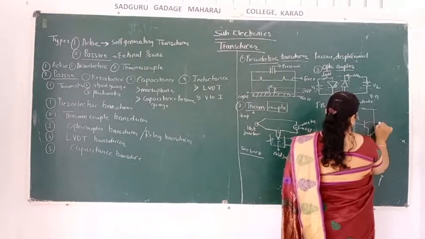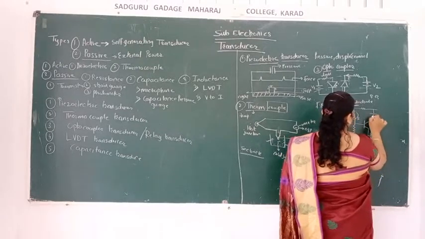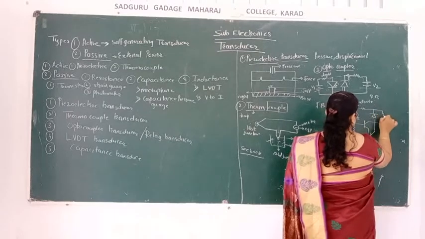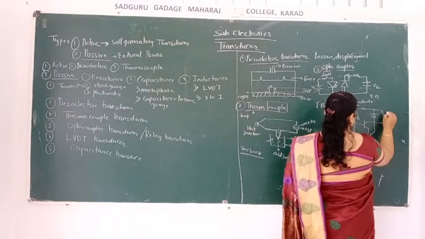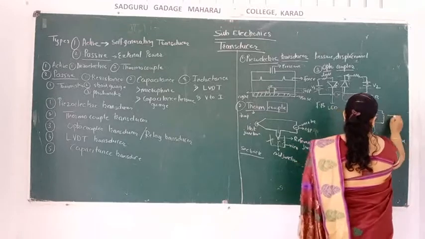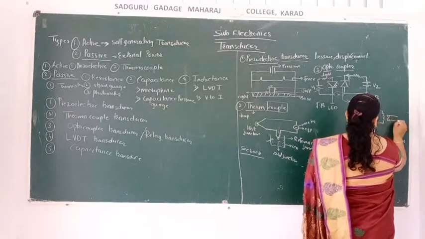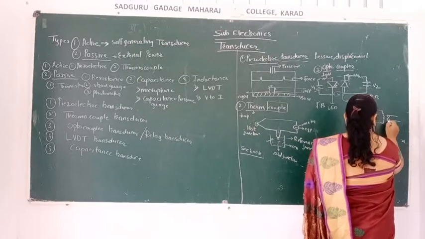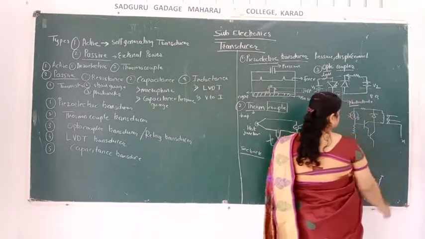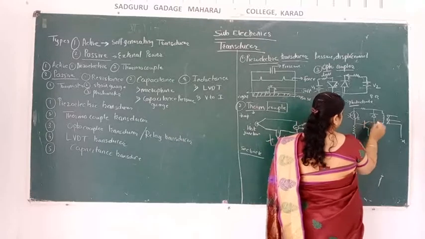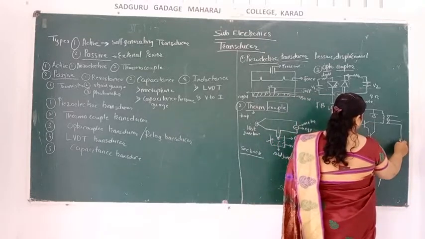Here one diode is connected, and here one resistor is connected again.